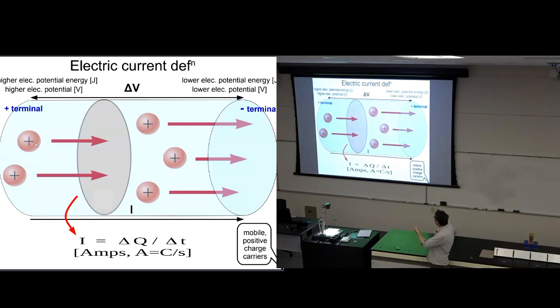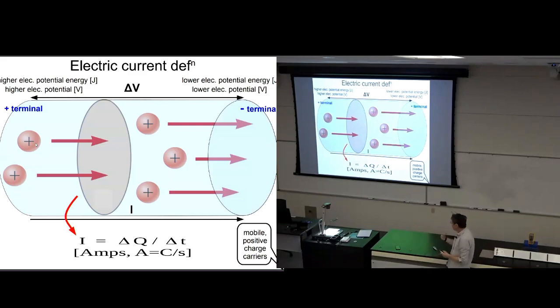So there's a potential hill here, and in this picture over here on the left is the top of the potential hill, and over here on the right is the bottom of the potential hill. And so if you walk from left to right, you walk down the electrical potential hill.